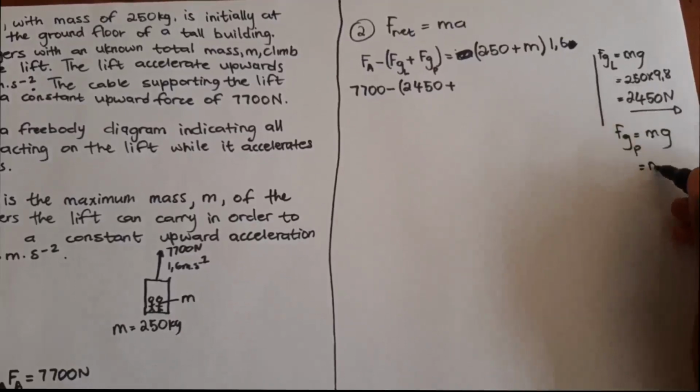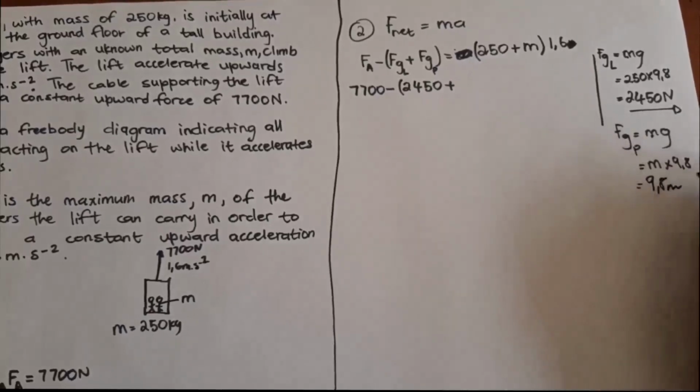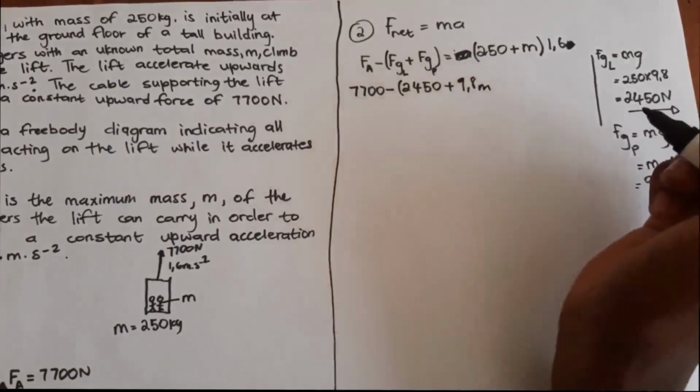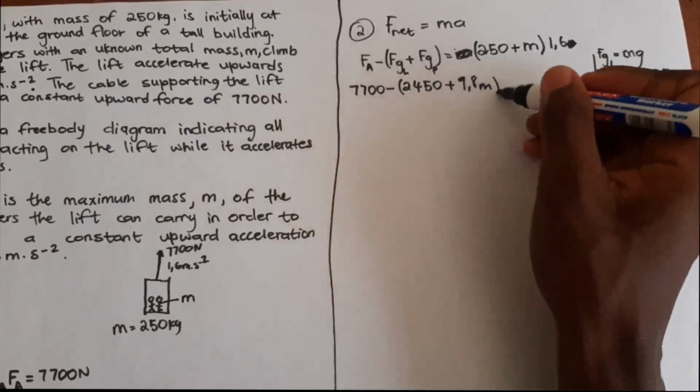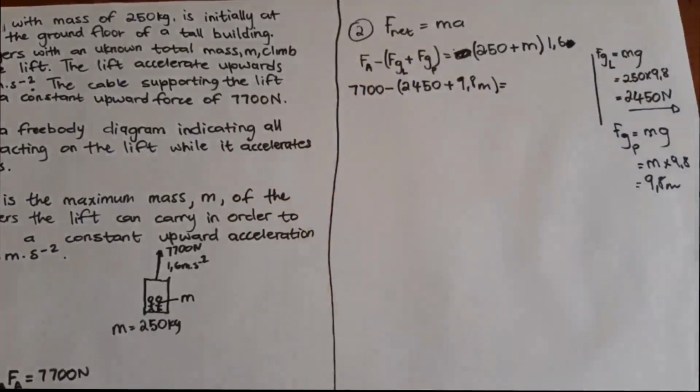The mass of the passengers is m multiplied by 9.8, so it's 9.8m. Now let's multiply 250 by 1.6.